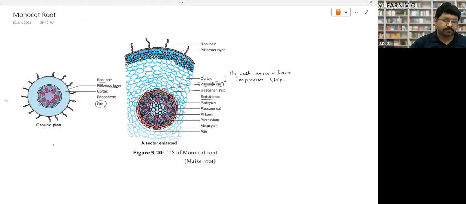Right? Phloem and xylem. They are on different radii, so they are in a radial arrangement, right?